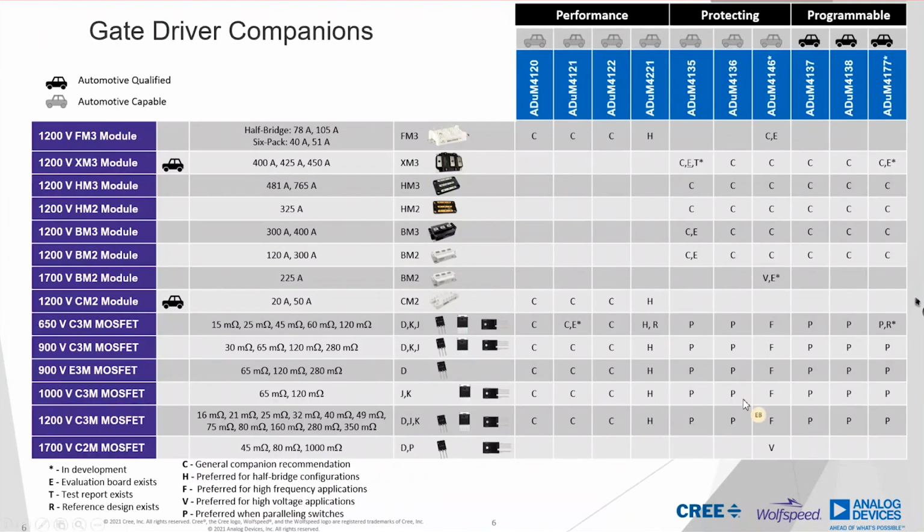And then we've developed this companion guide that makes it easier to match up which gate drivers and which switches make sense for which applications. Down at the bottom right, there's a decoder ring for the letter codes in the table. The easiest way to use it is to start here by looking at the switch needed for your application, and then move over and see the different types of gate drivers and what can work for your application.